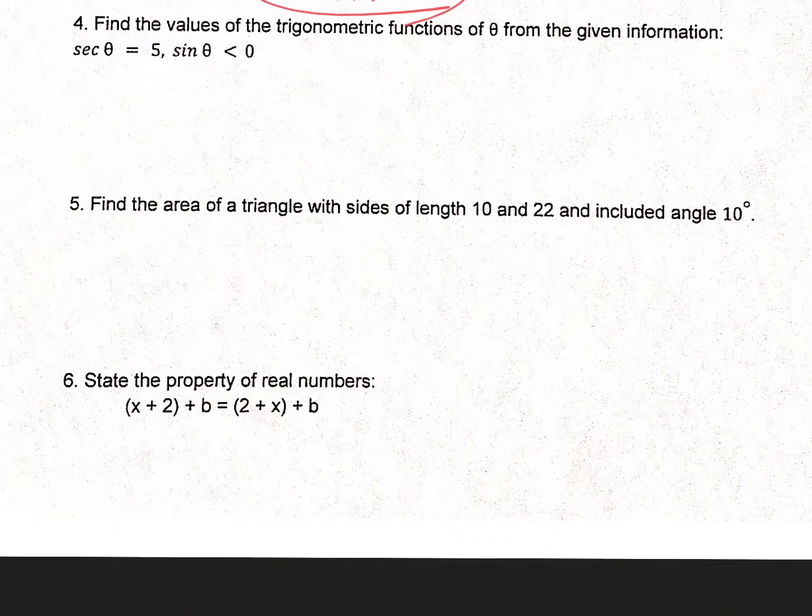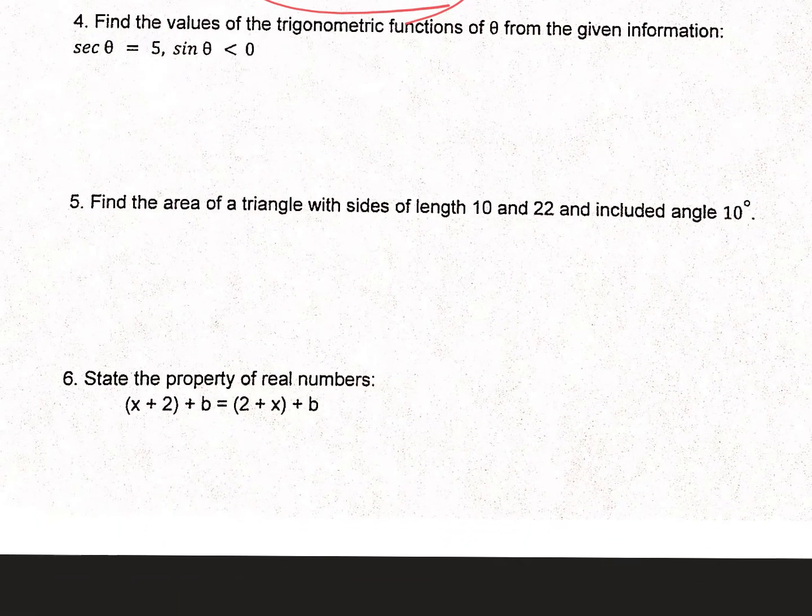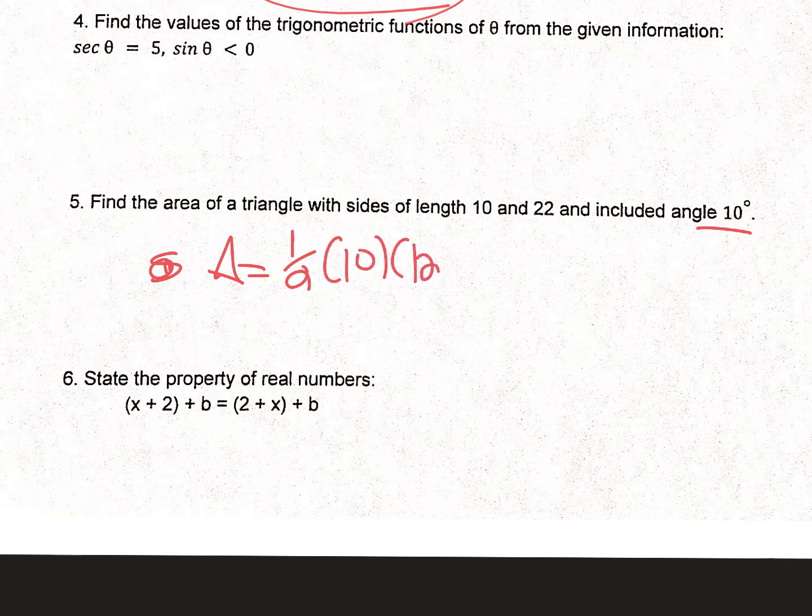Okay, number 6. Find the area of the triangle with these two sides, and it includes an angle of 10 degrees. So with that one, the area of the triangle is 1/2 the two sides and the included angle, and it's sine of the included angle. Okay, so you can just take that right there and punch it straight into your calculator, which I'm about to do.